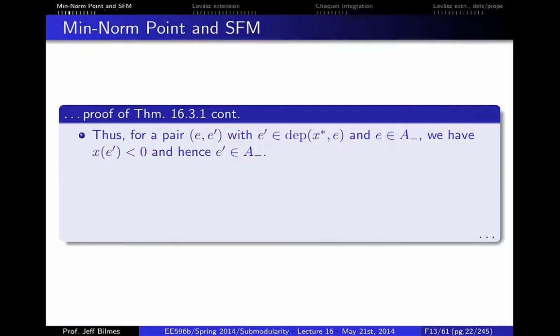Okay, so what this means is we chose any arbitrary e in A minus, and we chose any arbitrary e prime in dep. For any pair of elements with these restrictions, we've shown that x of e prime is strictly negative, which must mean that e prime is also in A minus, because A minus is all of the negative elements.